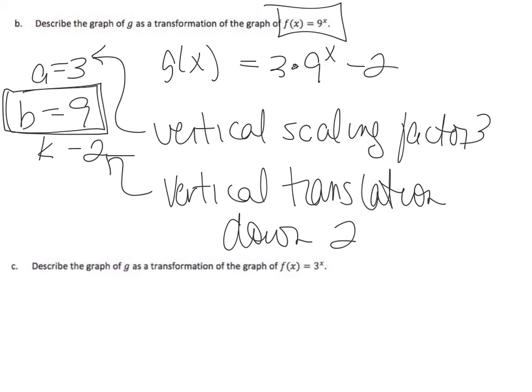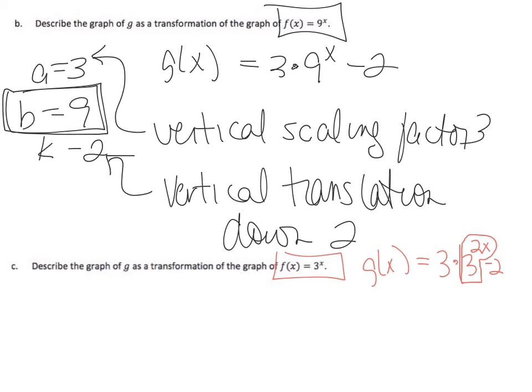If I compare it to the function f of x equals 3 to the x, then things are just a tad bit different. How did we get from 3 to the x to 9 to the x? So I have f of x equals 3 to the x, and g of x equals 3 times 3 to the 2x, minus 2.